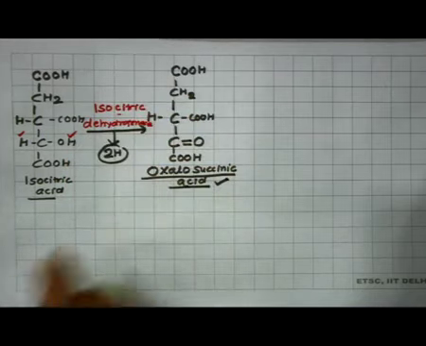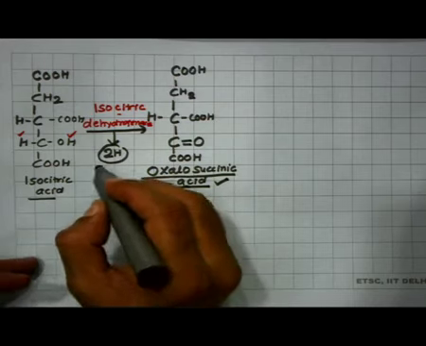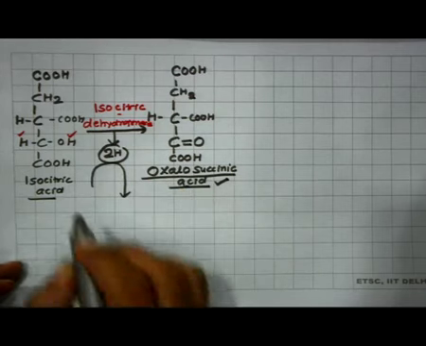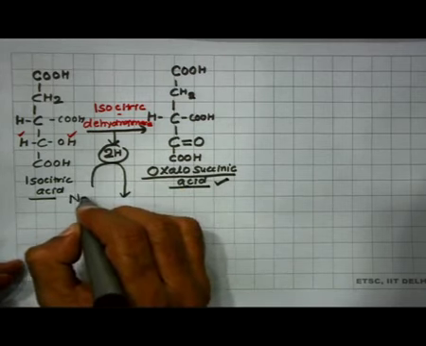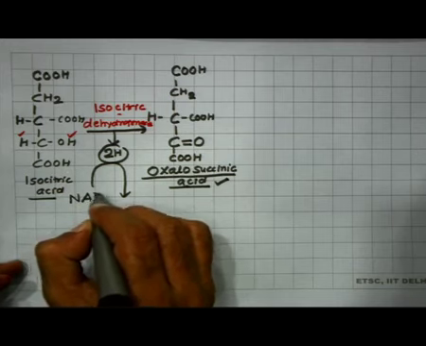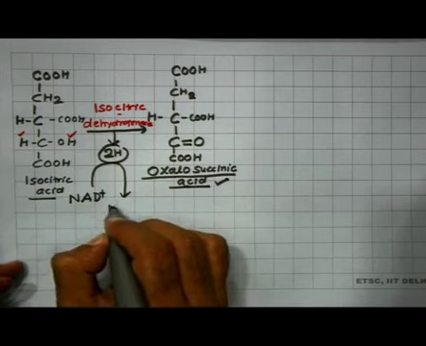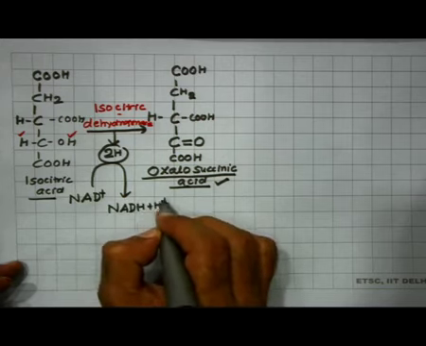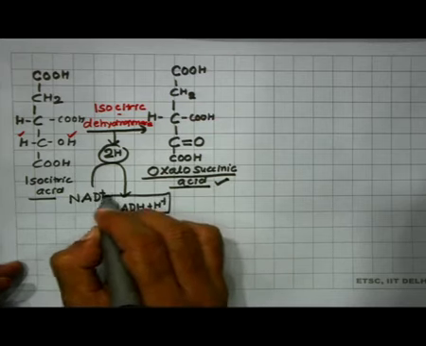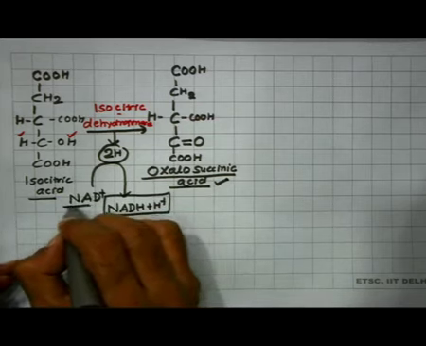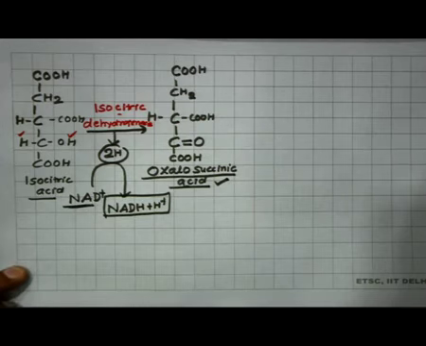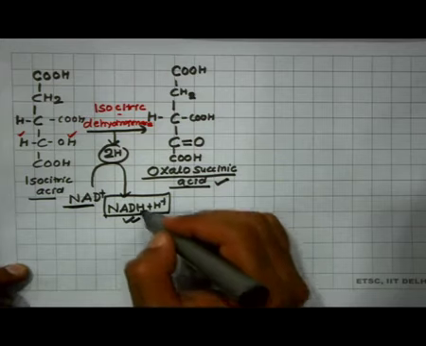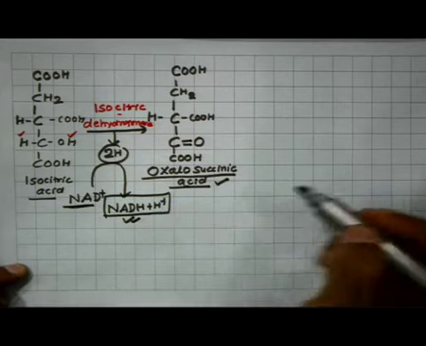So, when we add the substrate, isocitric dehydrogenase. Now, what is the fate of this hydrogen? This hydrogen is accepted by a coenzyme with which you are already familiar, that is NAD plus. It is converted into NADH plus H plus. Now, this coenzyme nicotinamide adenine dinucleotide is going to be reduced and forms NADH and H plus.